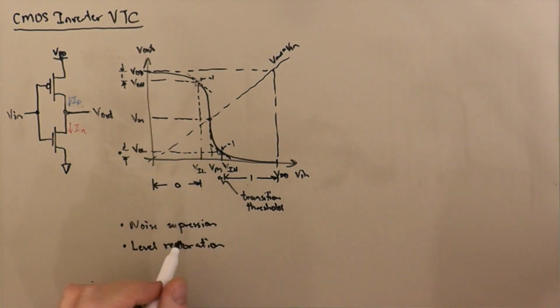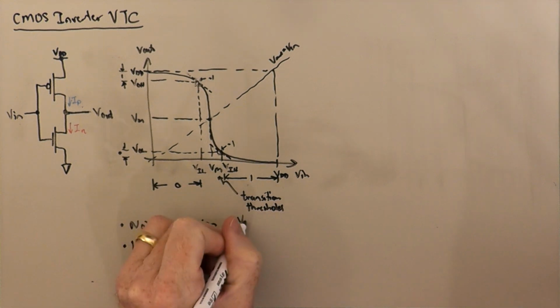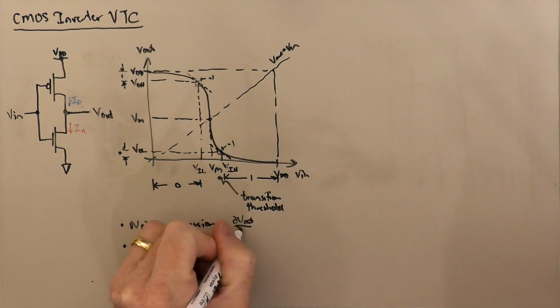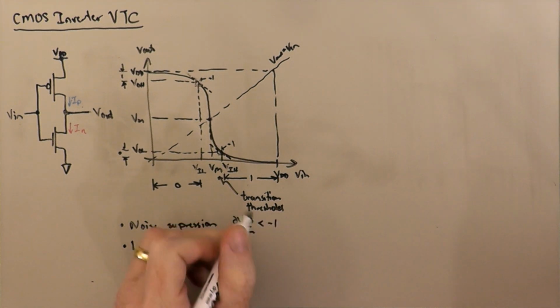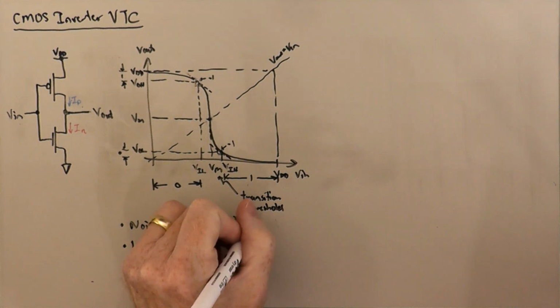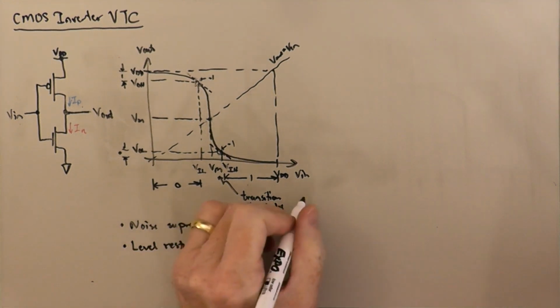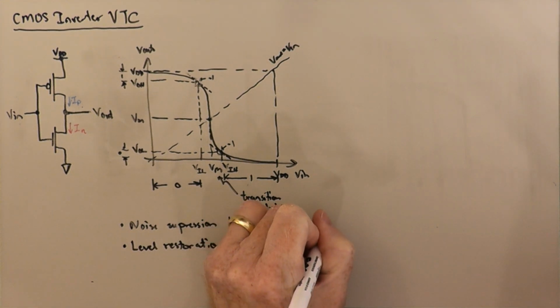This comes from the fact that the magnitude of dV out/dV in is less than 1 for valid logic levels.